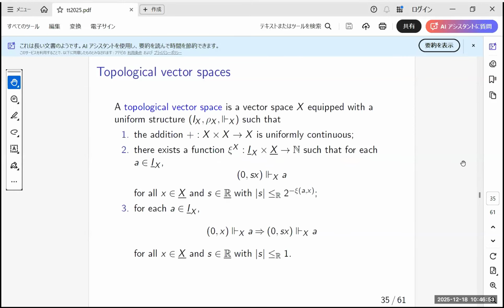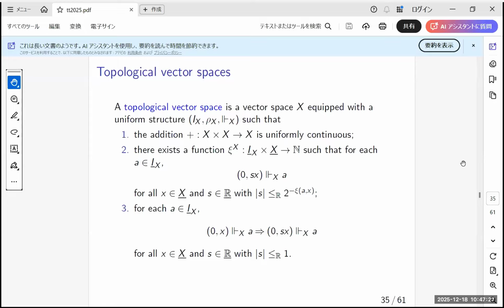A topological vector space is a vector space equipped with a uniform structure such that, first, the addition is uniformly continuous. The second condition corresponds to the neighborhood of zero being radial or absorbing. And the third condition corresponds to the neighborhood of zero being circled.